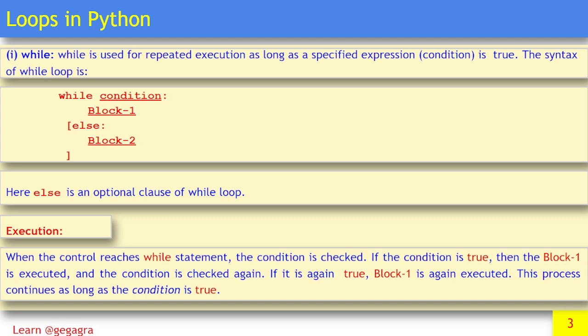After performing this statement or block, it comes back to the while to check the condition again. So as long as this condition is true, block 1 is executed, and this process continues as long as the condition given is true.